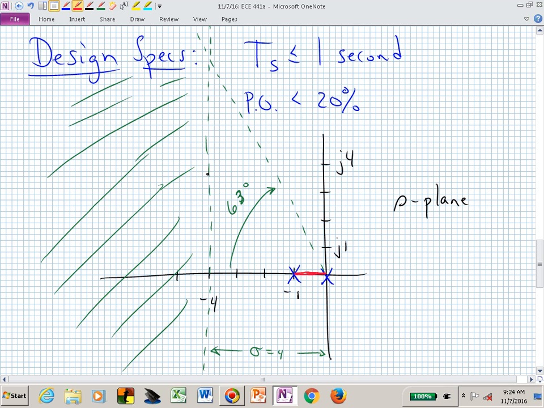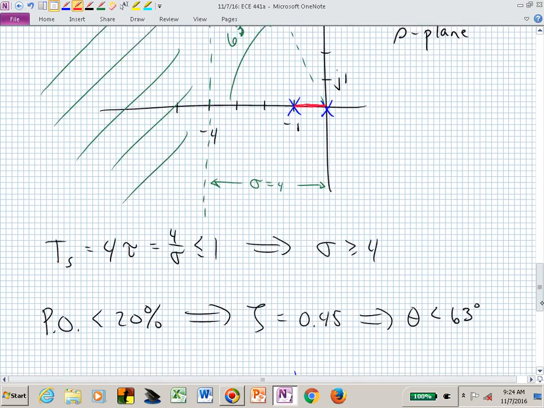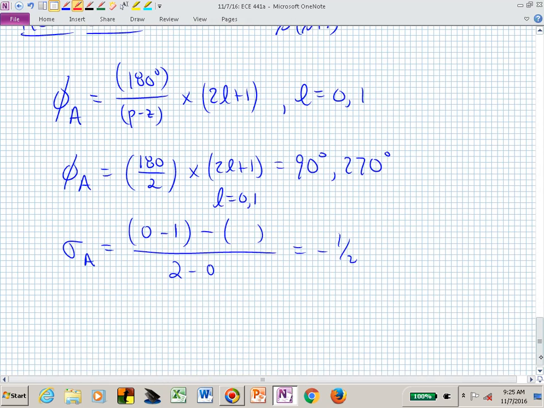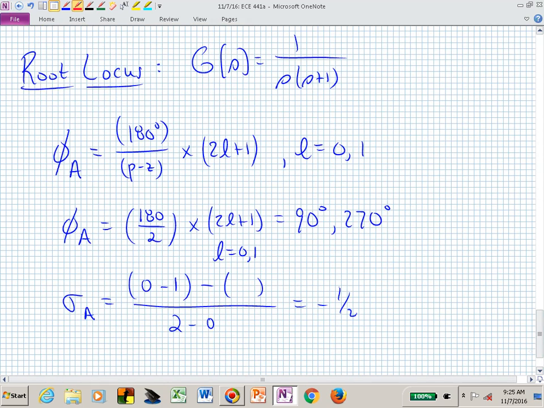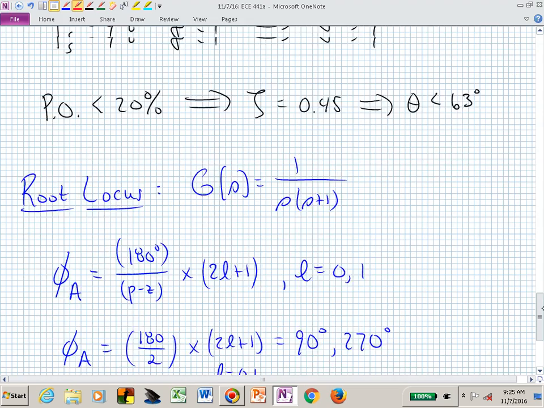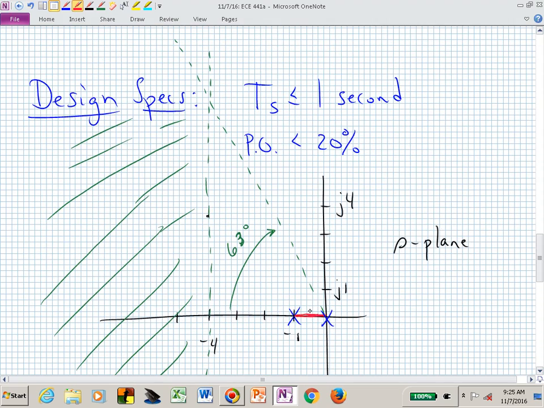They are going to go together symmetrically. And we just computed the centroid of our asymptote to be at minus 1/2, which is in fact the breakaway. And in this case, we now break away at minus 1/2.